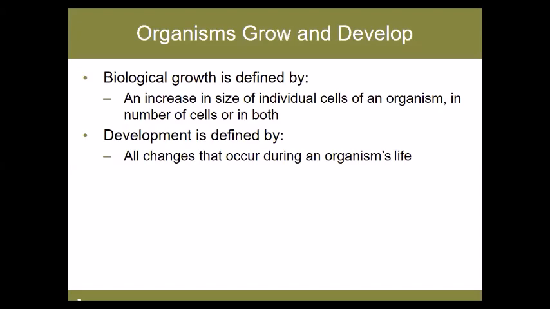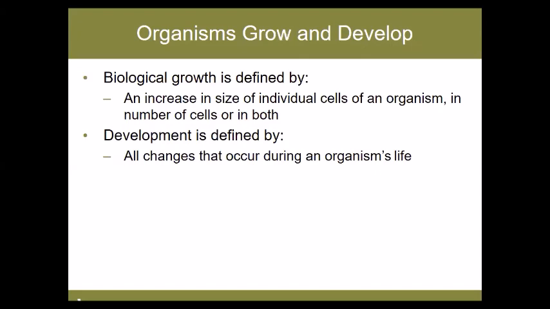Another characteristic is that organisms grow and develop. If you look at the technical definition for growth, you are basically talking about growing in size. You're getting larger. Cells get larger, but they also develop, and that just means they become more mature. They go through certain metabolic transformations that allow them to mature into a different type of cell.